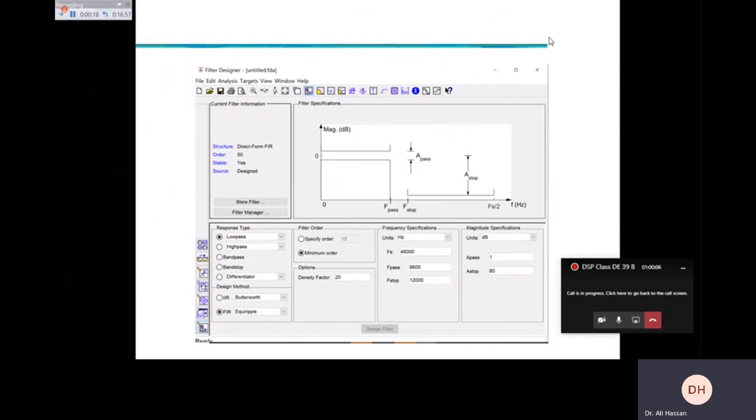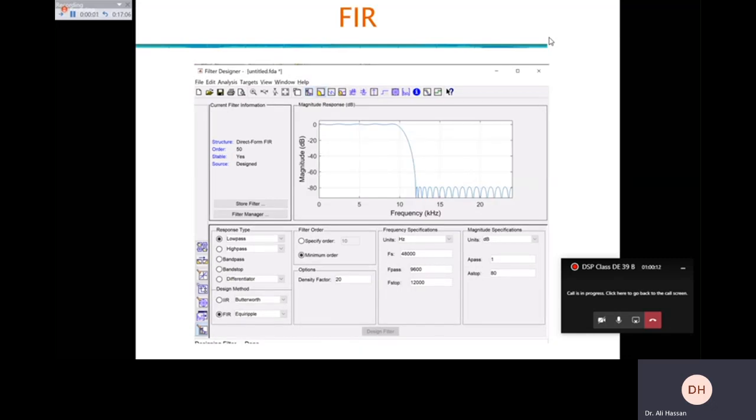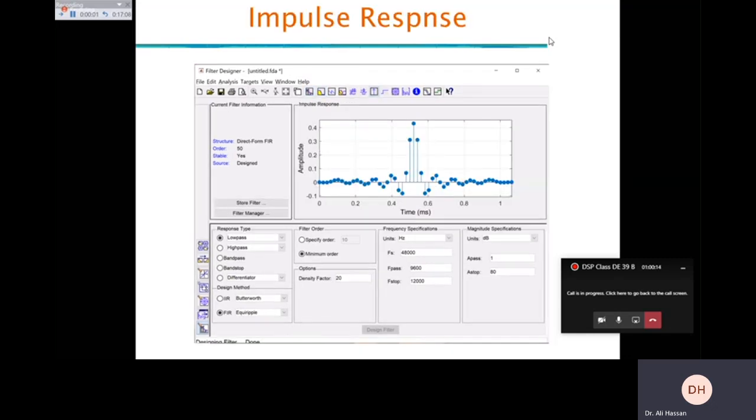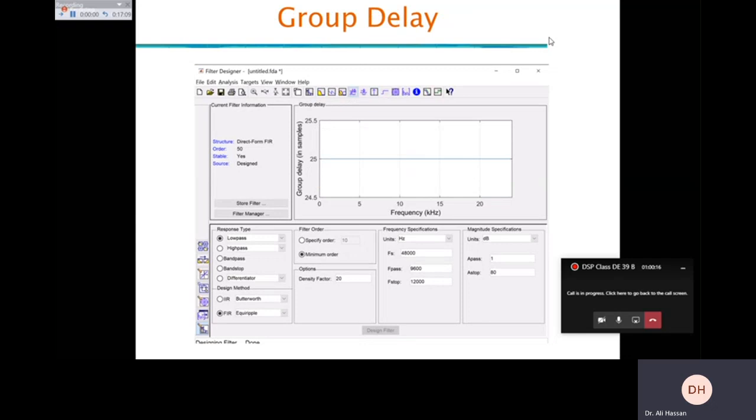This is the filter we just saw, and we saw its impulse response and its group delay. Good.